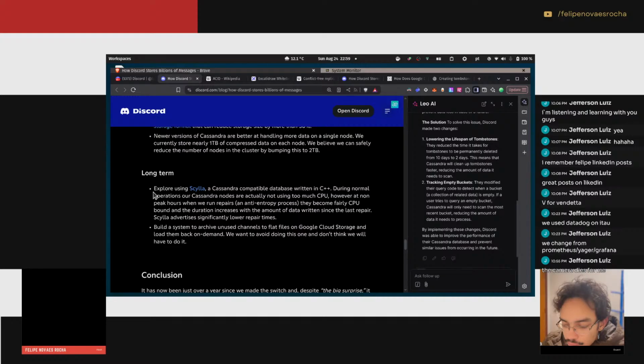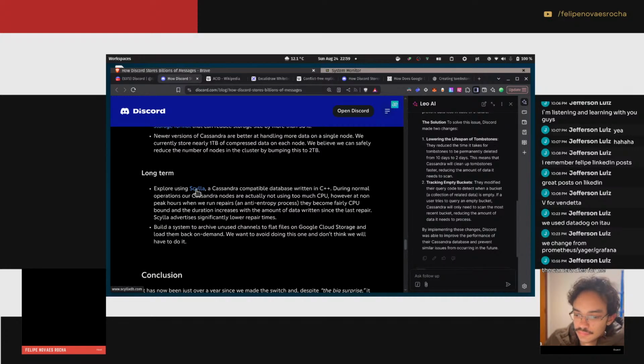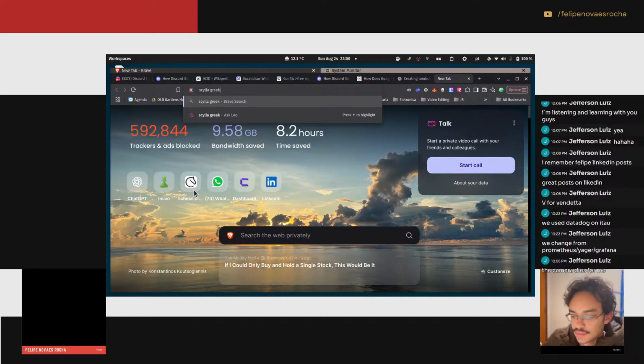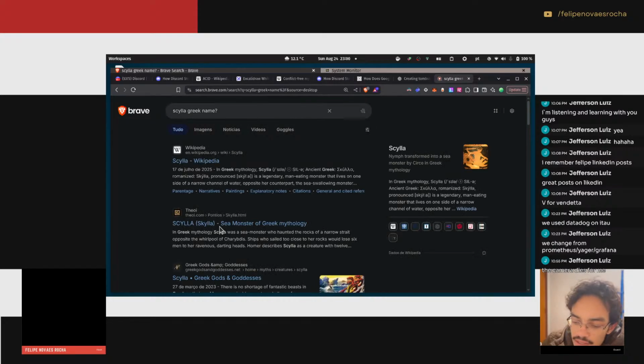So long term, they're exploring using Scylla. I think it's called Scylla. Let me see. I think it's a Greek name. In English it's Scylla, but I don't know if it's Greek. Look at that.